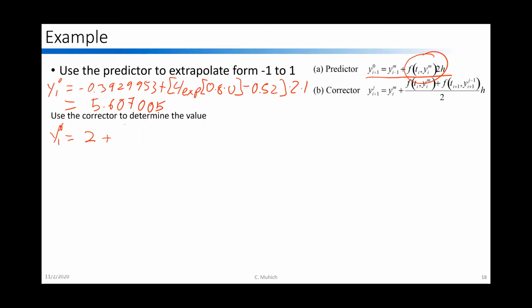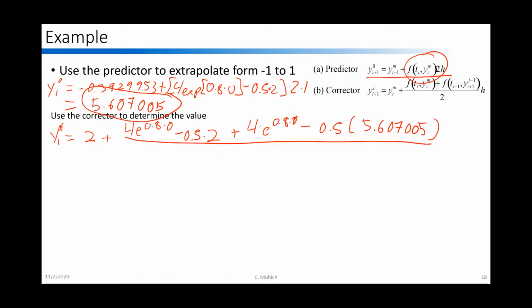So for my current slope, that's 4e to the 0.8 times 0 minus 0.5 times my current location, which is 2, plus 4 times e to the 0.8 times my next t step, so that's 1, minus 0.5 times my predicted value, so that's 5.607005, all over 2 times my h, which is 1, which gives me a value of 6.549.